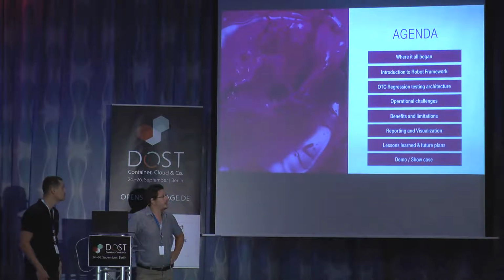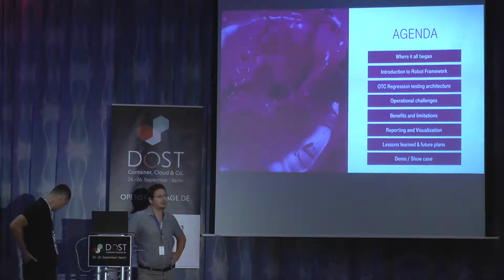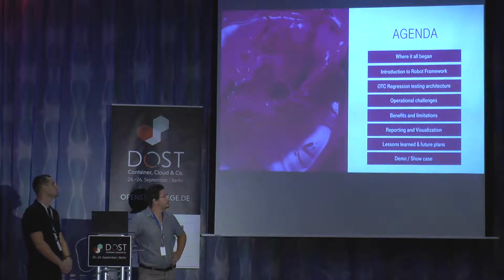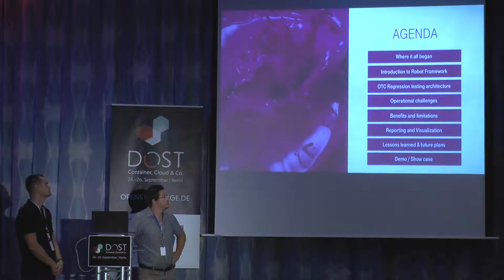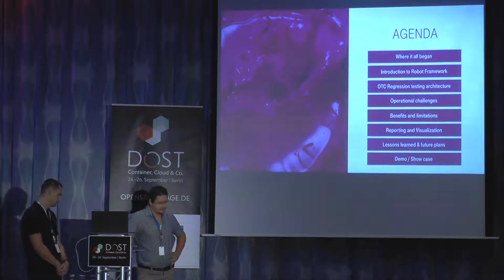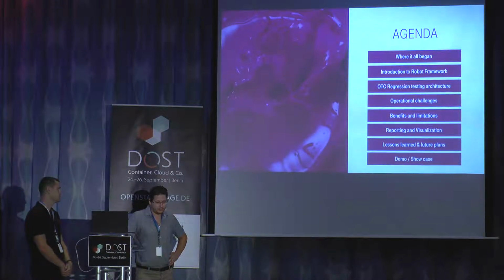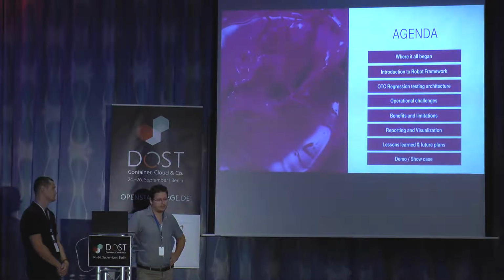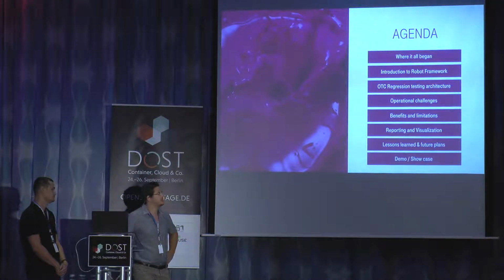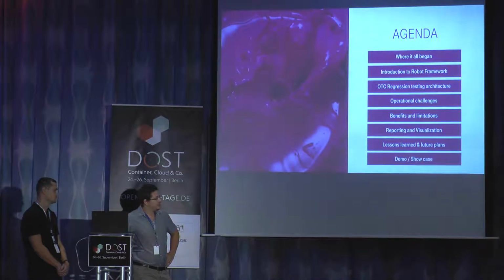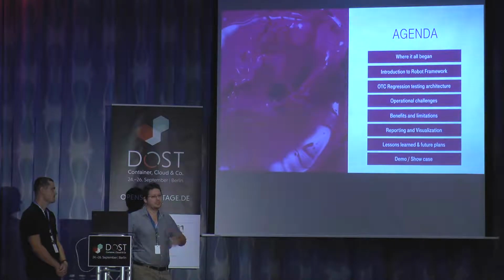We will also touch the underlying infrastructure below the Robot Framework, how we have built it. We will mention what we had to face, what the operational challenges were, and how we have addressed them. Then we will speak more about the benefits from our point of view, and also what our current limitations are.